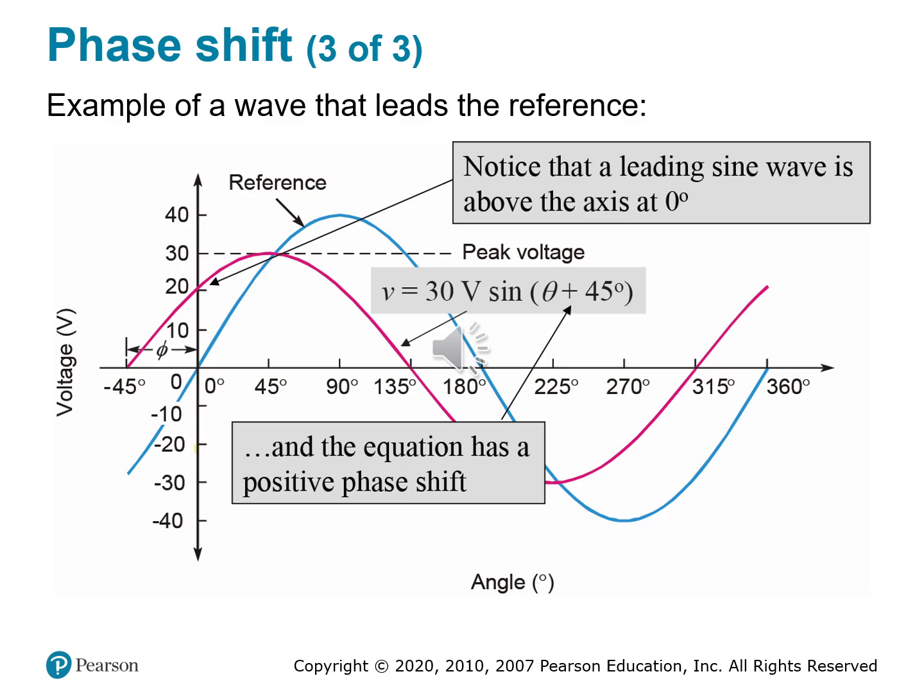So at 0 degrees, it's already above the axis, while the reference wave is just crossing 0. And the equation for this leading wave is v is equal to 30 times sine of theta plus 45 degrees. The plus 45 degrees tells us that the wave has shifted to the left. It's ahead of schedule by 45 degrees.